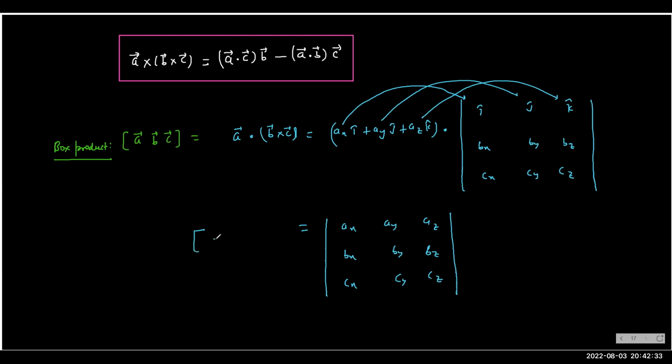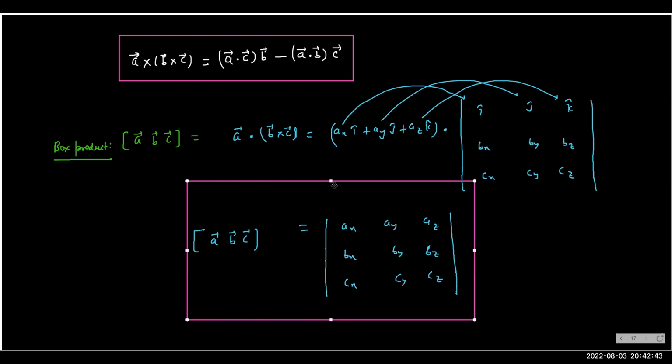So the box product we can simply write as a determinant of all three vectors. If you want some rigorous proof, you can expand this term, and then I will vanish, AX will come, J will vanish, AY will come, K will vanish, AZ will come, and you can rewrite like this. So this is also the volume formula.